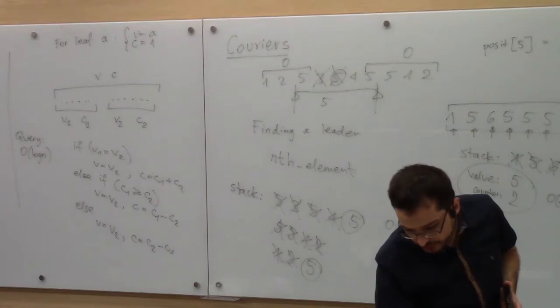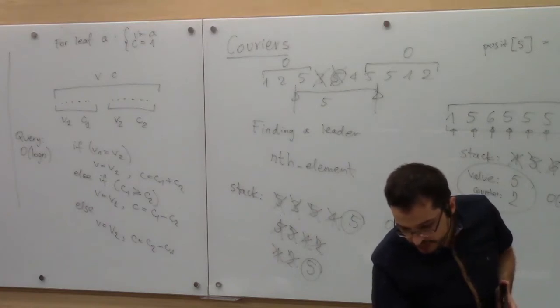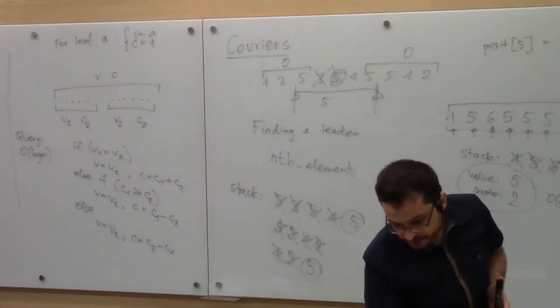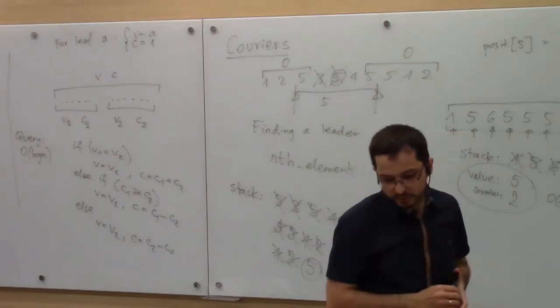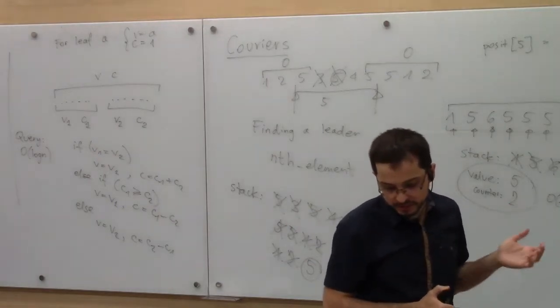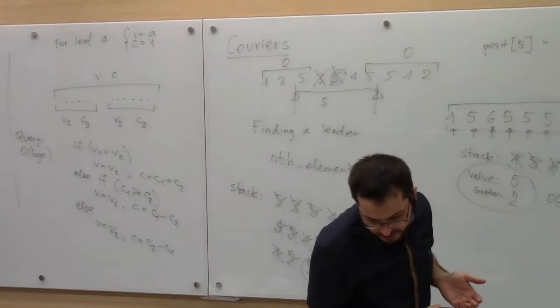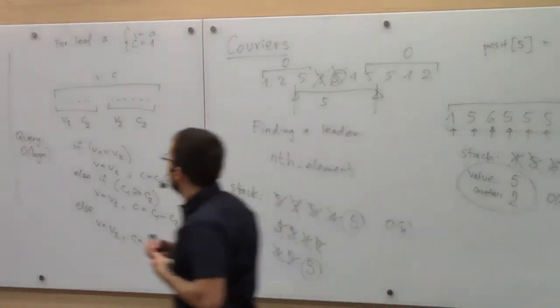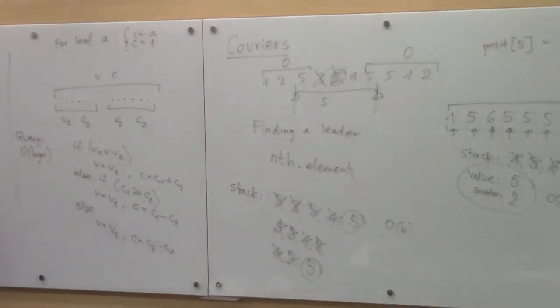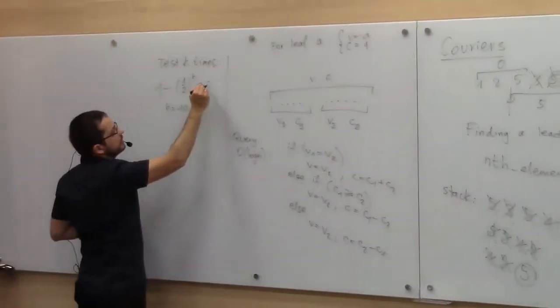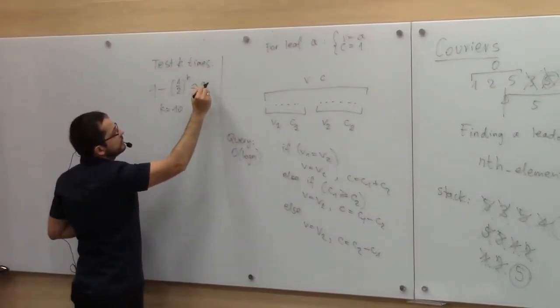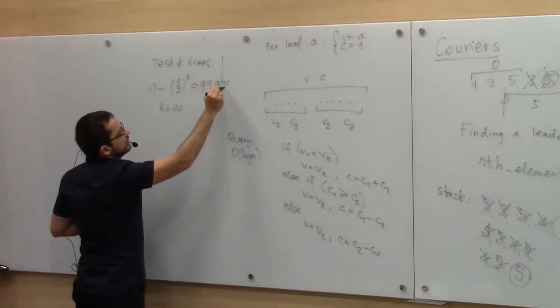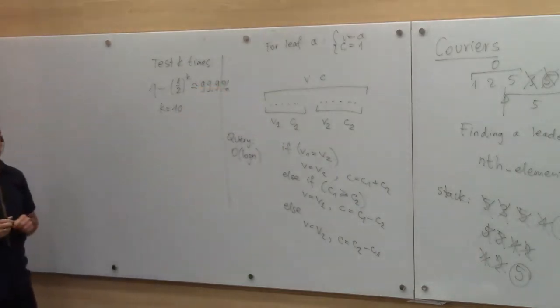And we need to find a k which will give us a reasonable probability that we won't fail. Actually, if we take k equal to 10, then this probability will be something like 99.9%.